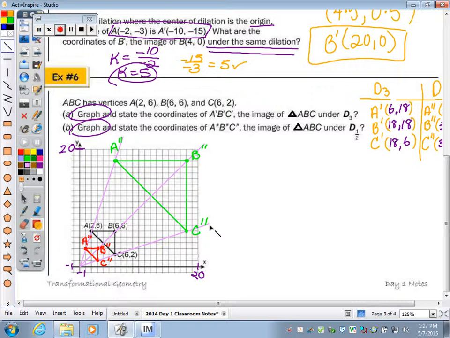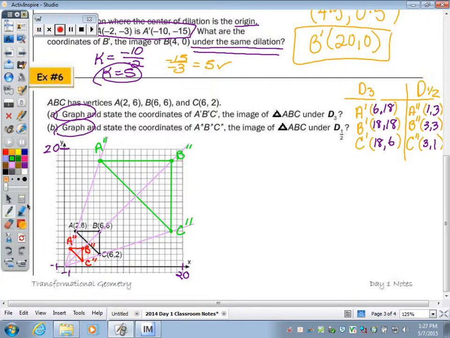It does look like a kite. So now let's look at our similarity ratio. So let's compare, or let's actually just pick two of the triangles to show these relationships exist. So you want to compare the original to the larger one, or the original to the smaller one? Smaller one. So let's take a look at triangle ABC.